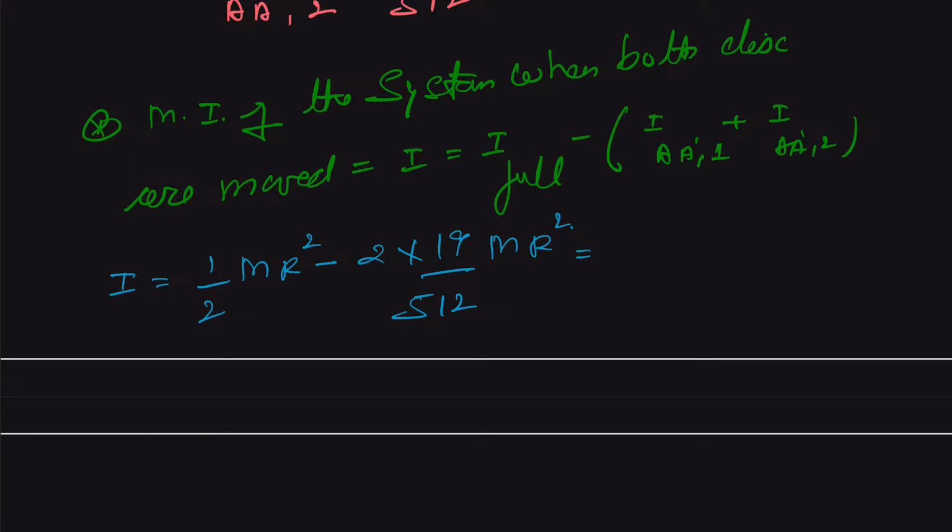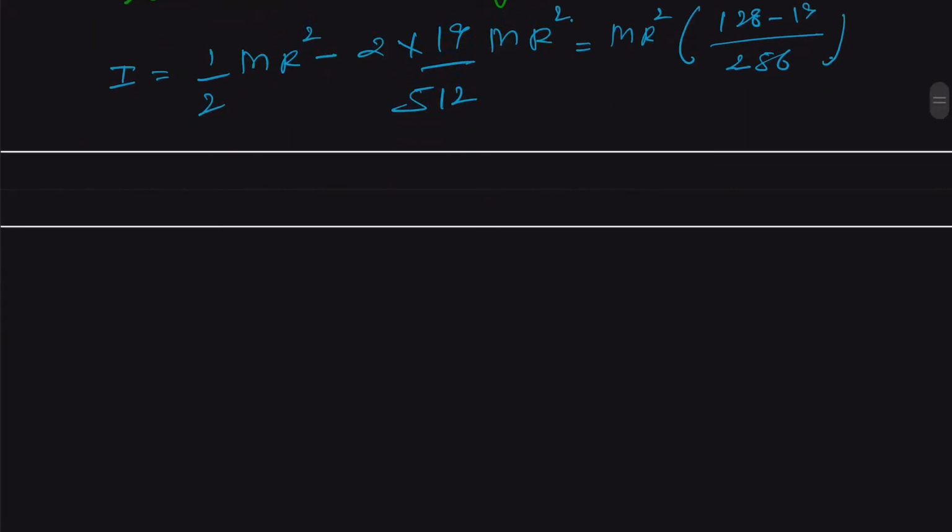So we get mr square, 128 minus 19 over 256. Therefore the moment of inertia of the system when the two disks are removed is 109 upon 256 mr square.